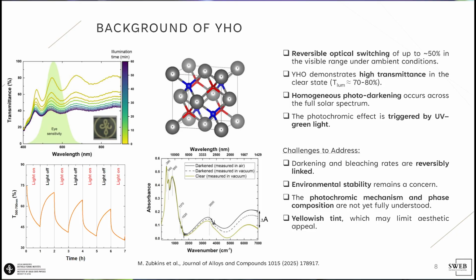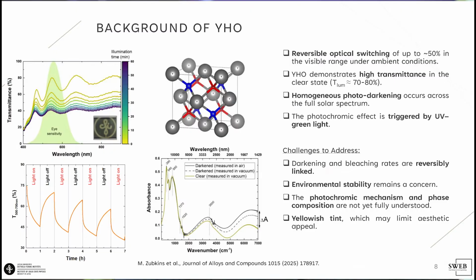And also in this case, the darkening rate is higher compared to the bleaching rate, because after 1 hour of bleaching, the film hadn't reached its initial state in transmittance. Also, we discovered that photochromism for this compound can be observed in the far infrared region, up to even 5,000 nanometers.